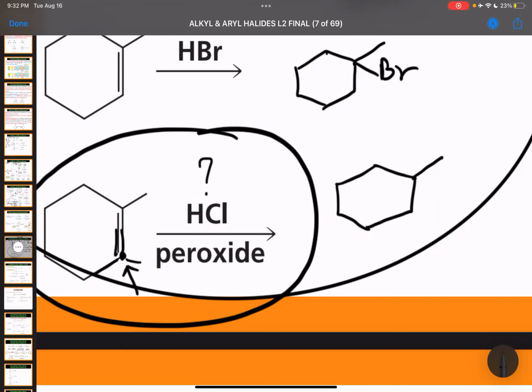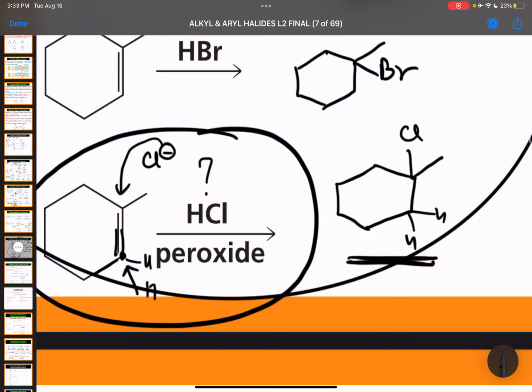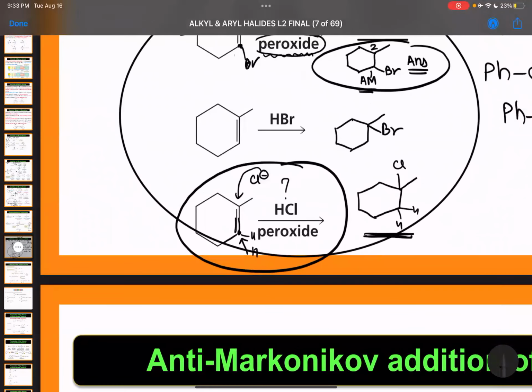Right. So H+ will come and join itself to the position where H is already there, and the Cl- will come and join to the carbon atom which is more branched. So this is the answer. Clear? Yes, sir.